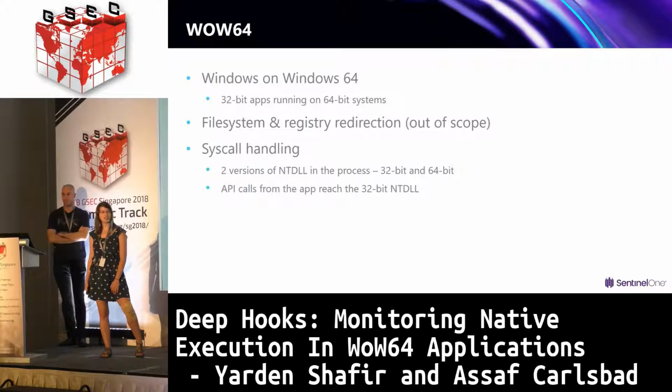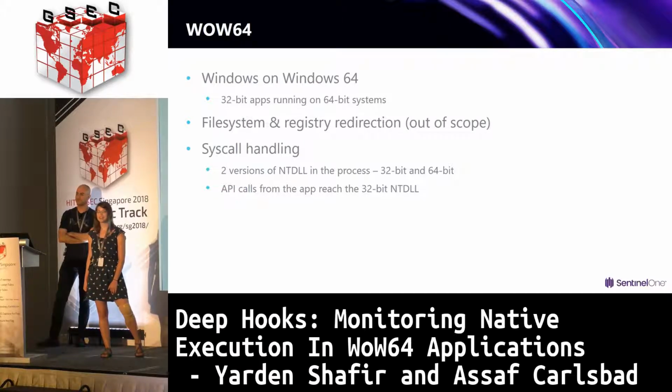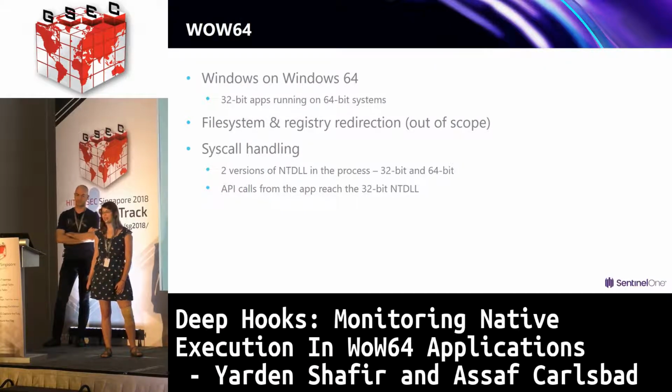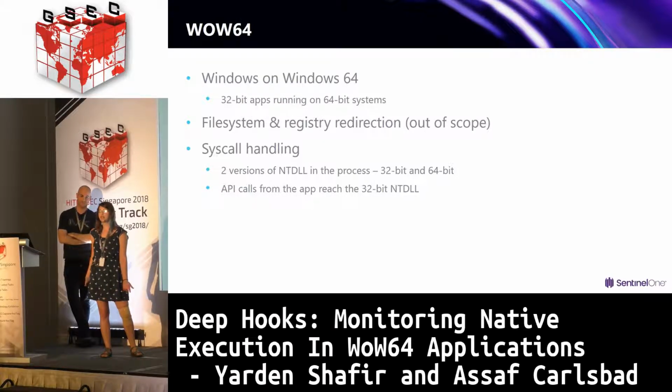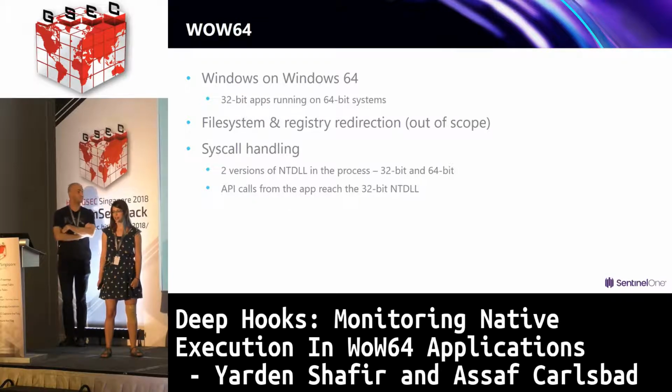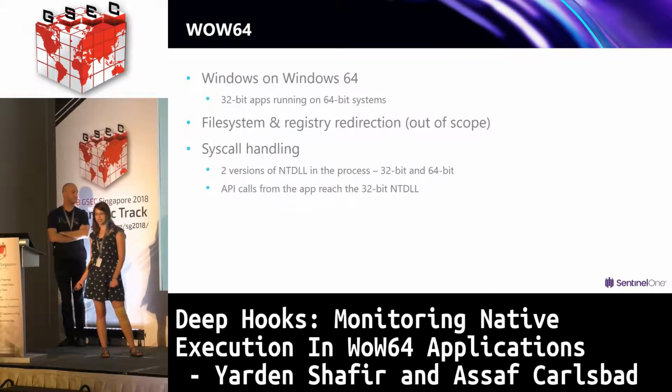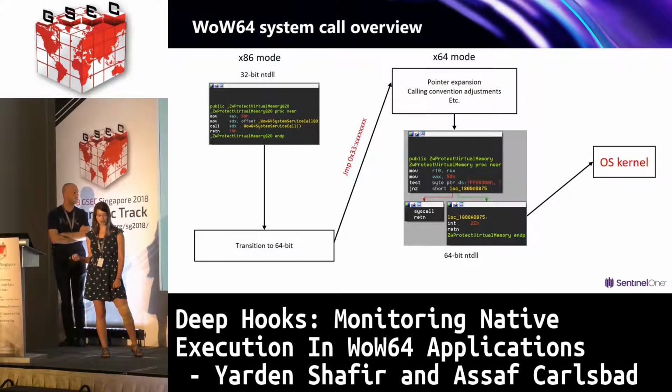Another implication, which is relevant for this project, has to do with system call handling. Basically, whenever an application wants to ask something from the host kernel, they do that through a mechanism called a system call. Most of the system calls are dispatched through a dedicated system DLL loaded into every Windows process called NT-DLL. WoW64 processes have two versions of this DLL, a 32-bit version and a 64-bit one.